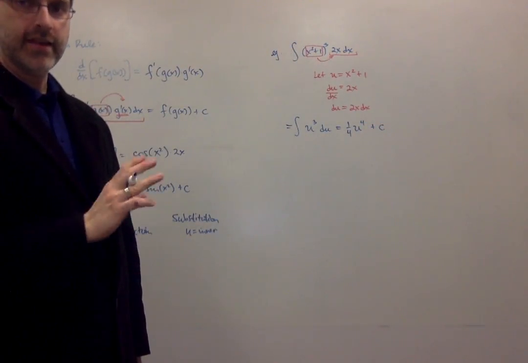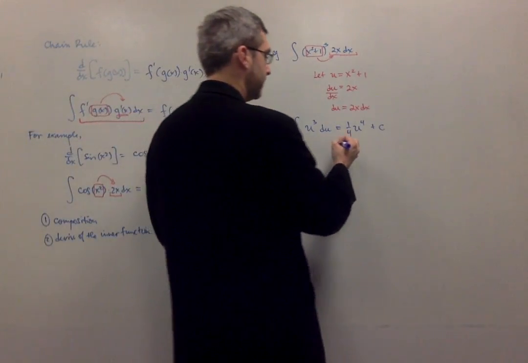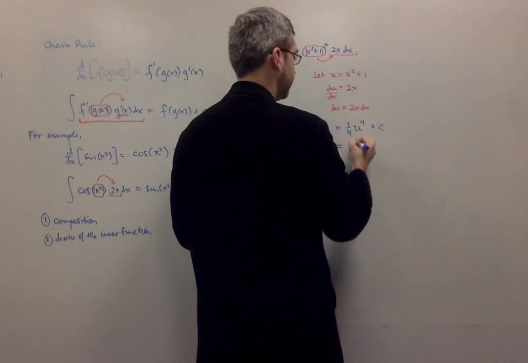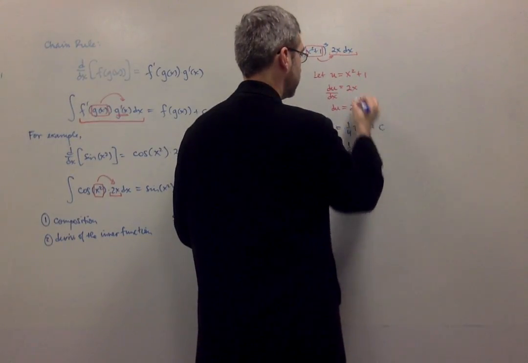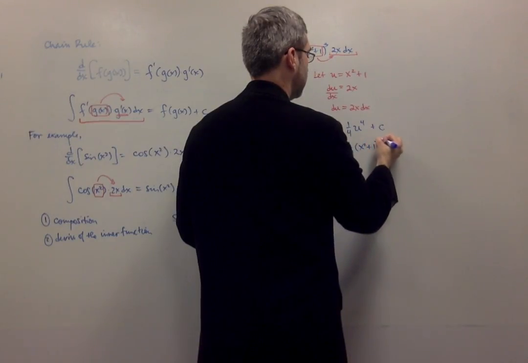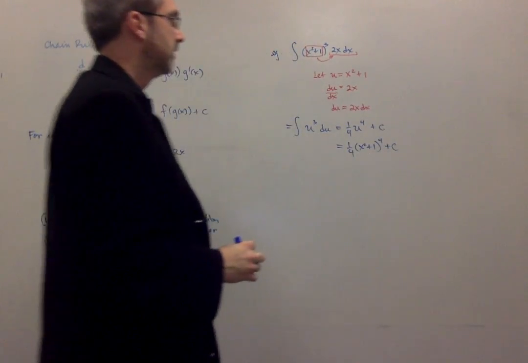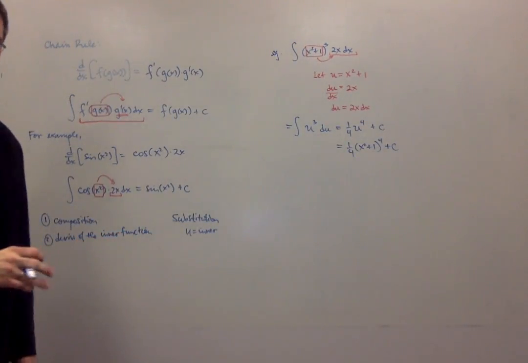Okay, that integral is very, very simple to do. And now I can just substitute back in for u what u was. u is x squared plus 1, to the 4th.